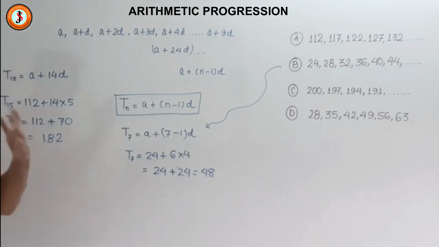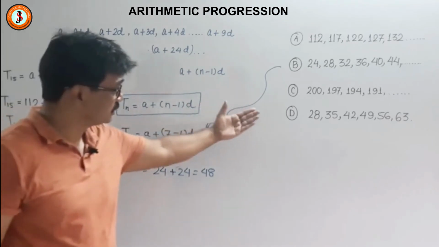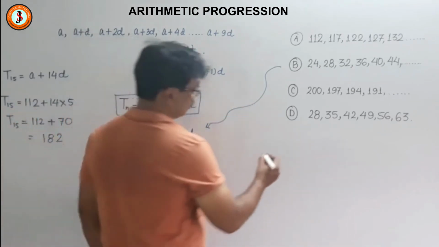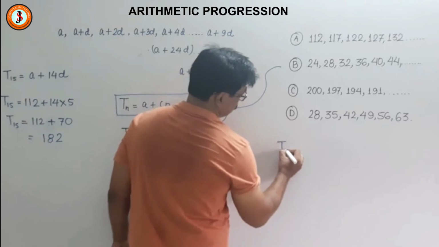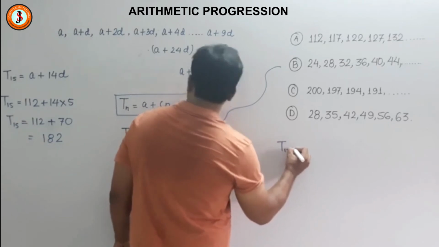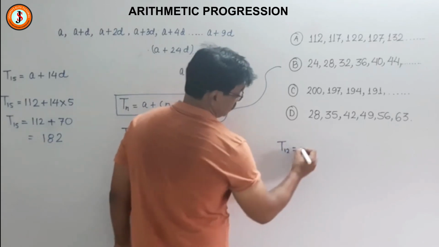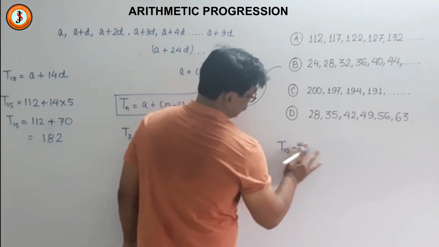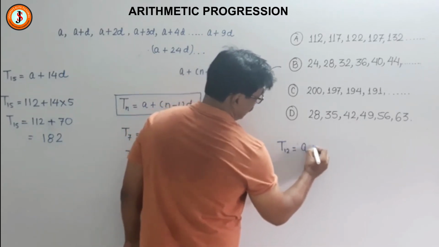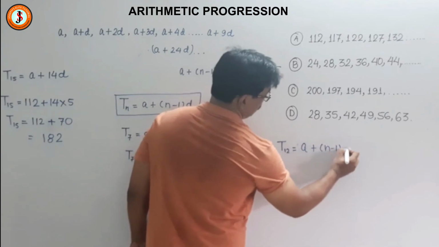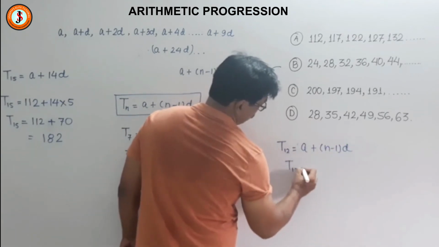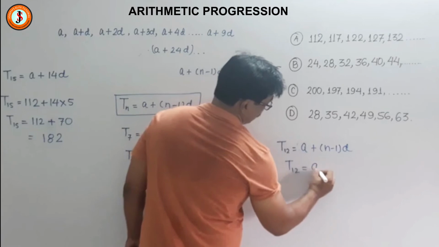Now I come to example C. What is the 12th term of this? I have to find T12. The formula is A plus n minus 1 into D, so T12 is equal to A plus 11D.